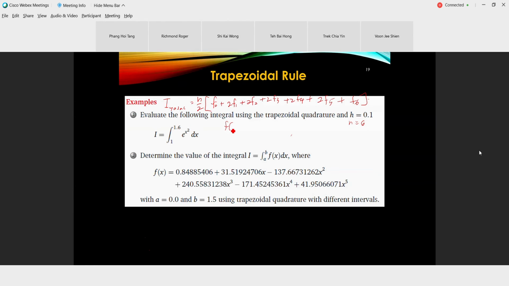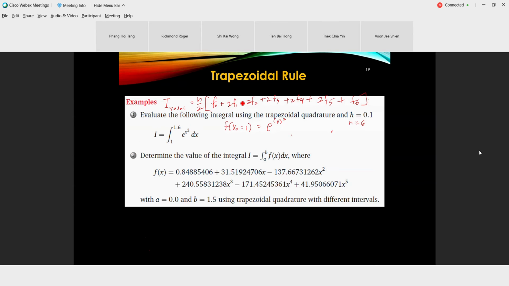So you have to do it like this: x0 equals 1. Put it into the equation, one by one. That is the first step. Then the second, function 1.